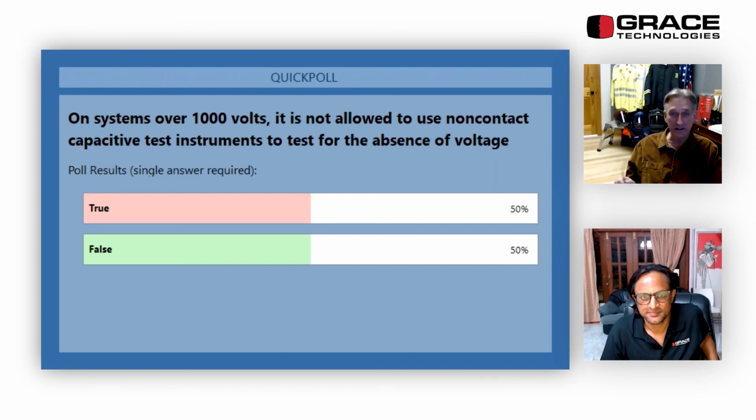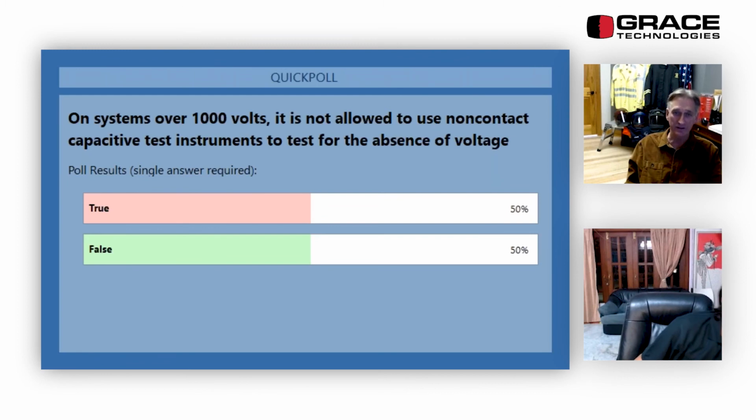Typically, these are called tick tracers. These are used because you're not going to get a meter. Of course, typically your handheld meters are good for 1,000 volts or less. We're talking about systems over 1,000 volts.